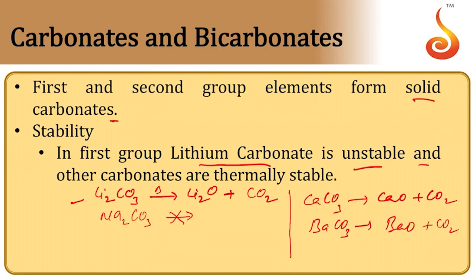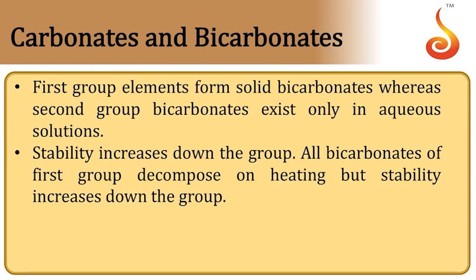Means in second group, all of them dissociate upon heating, but dissociation temperatures will be increasing. That implies that stabilities are gradually increasing there. So in first group, only lithium carbonate will dissociate, rest will not decompose. Whereas in second group, all carbonates start decomposing.